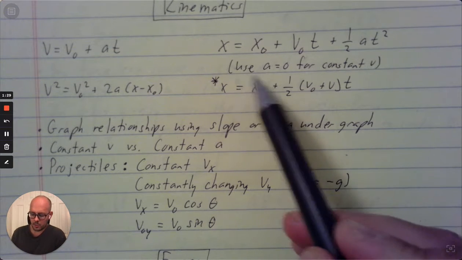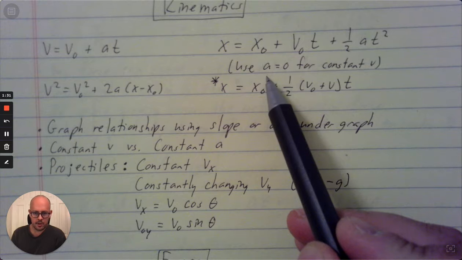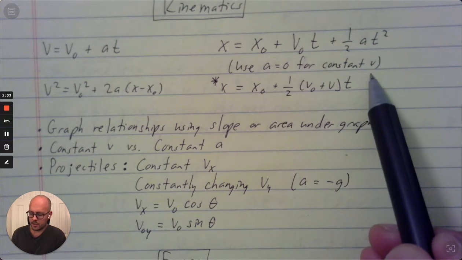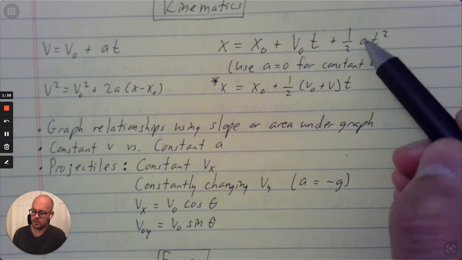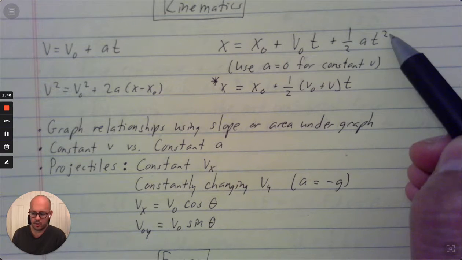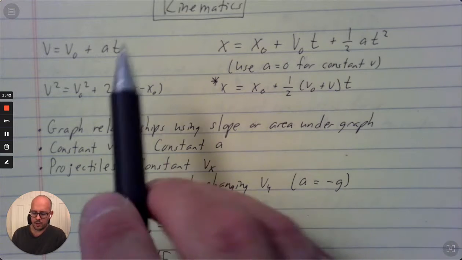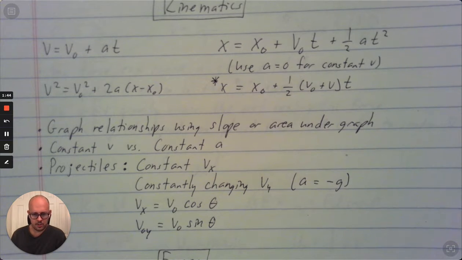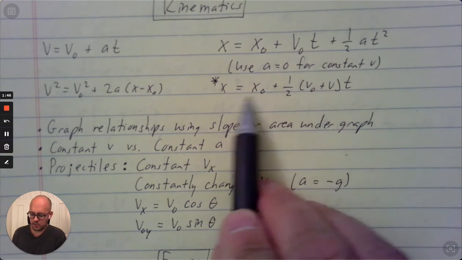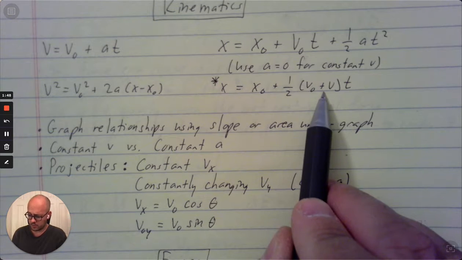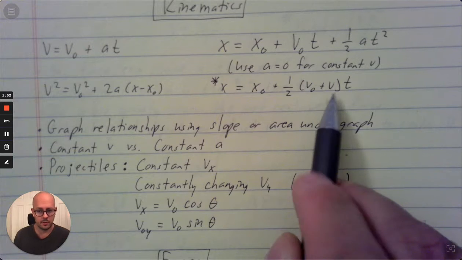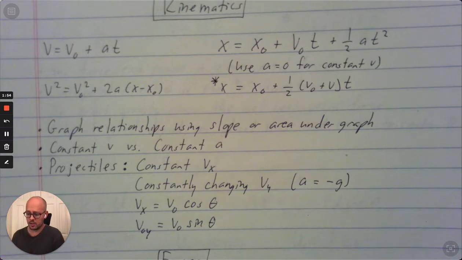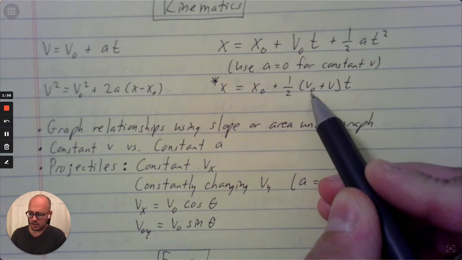A nice trick I want you to understand is that if you ever encounter something going at constant velocity, you can turn this equation into a constant velocity equation if you get rid of the 1/2 at squared, in other words, if acceleration is 0. It doesn't work with any of the other equations. If you wanted to do this one as a constant velocity equation, v naught and v would have to be the same. So if the velocity was 3 meters per second, you'd plug in 3 for v naught and 3 for v.